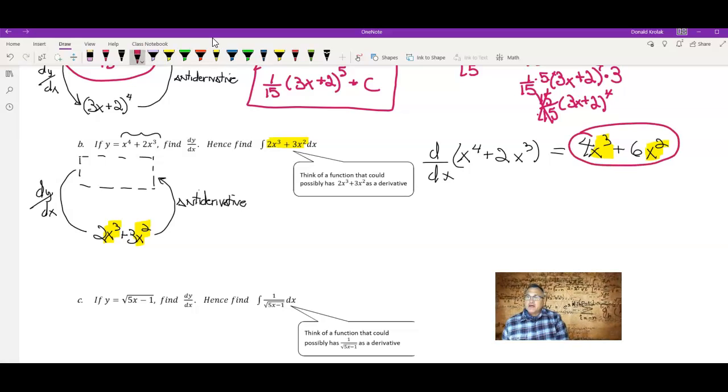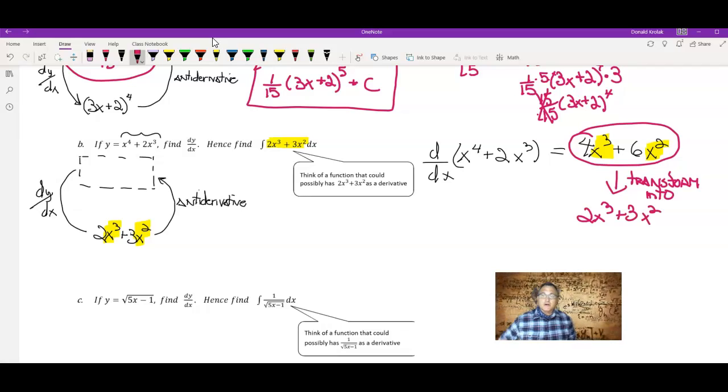What would I do to this to transform it into what I want, which is 2x cubed plus 3x squared? Well, if I took that and I divided it by 2, it would make that a 2. And if I took that and divided by 2, it would make that a 3.